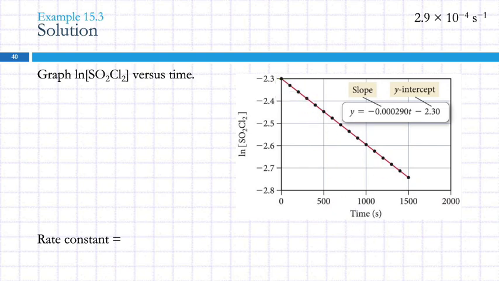And we get a nice straight line because this is made up data. And here's the equation that Excel can give us, where this is the slope and this is the intercept. So the rate constant is equal to what? The negative slope. Rate constant equals negative slope. So the rate constant is 0.000290.